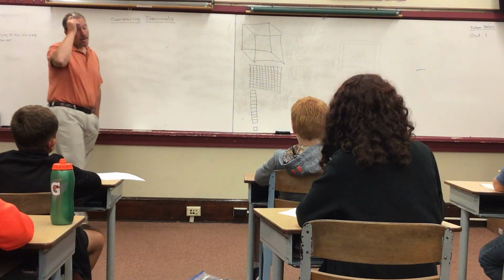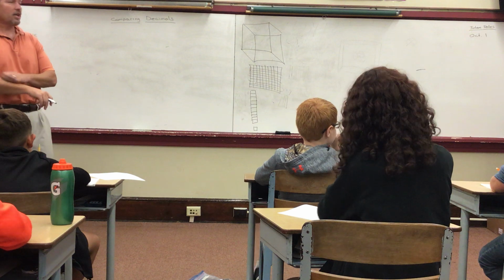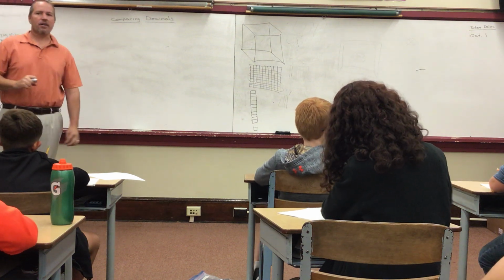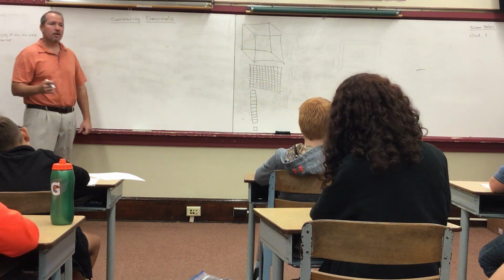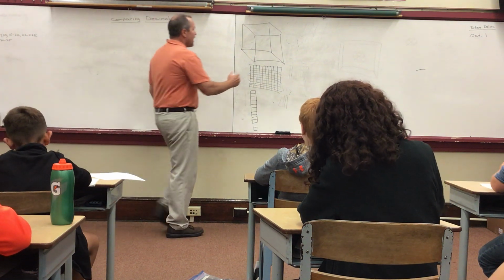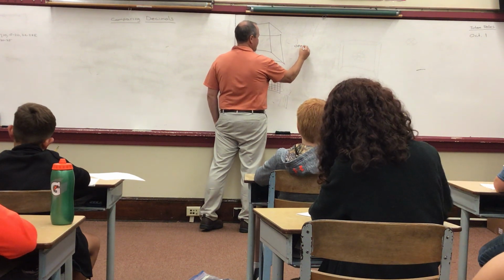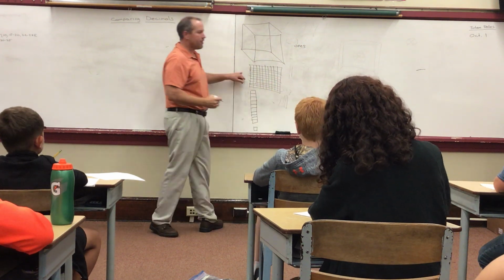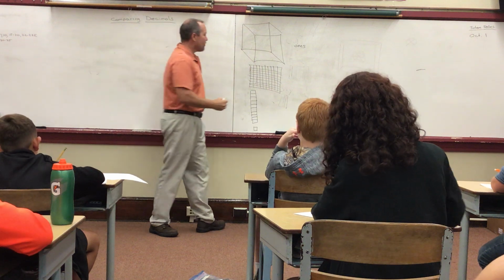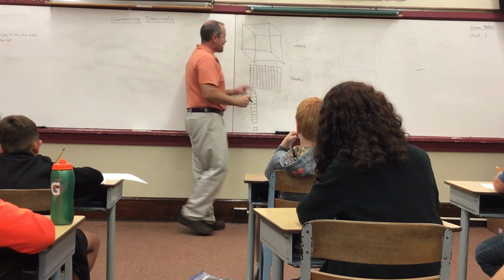And it depends which base 10 block represents the whole number, that will determine what the other ones represent. If this represents the ones, then this would represent the tenths, because it takes 10 of these to equal one of these.